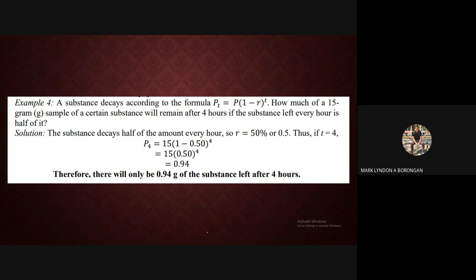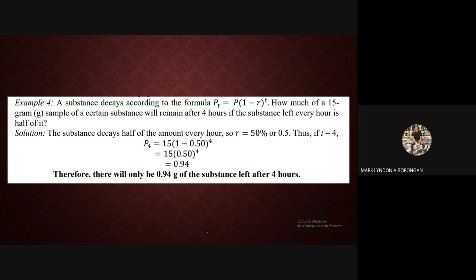Example 4. You have a substance that decays according to the formula P sub T is equal to P times 1 minus R to the power of T. How much of a 15-gram sample of a certain substance will remain after 4 hours, if the substance left every hour is half of it?